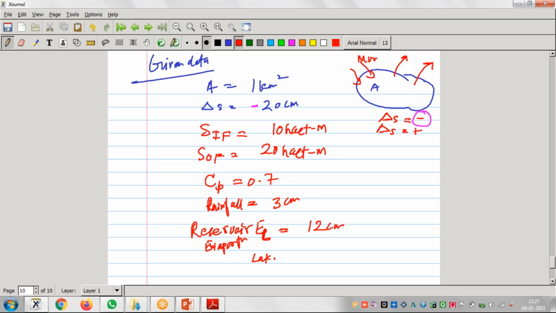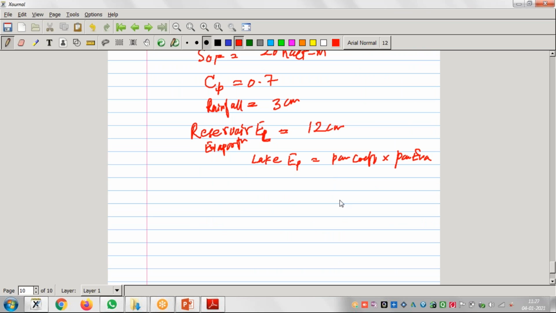And we know that lake evaporation is equal to pan coefficient multiplied by pan evaporation, right? So through this I can get the reservoir evaporation: pan coefficient 0.7 multiplied by the pan evaporation.